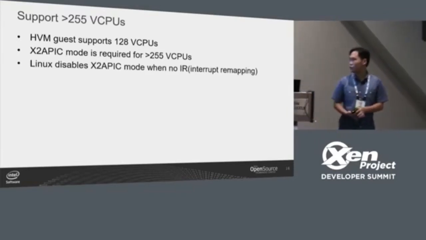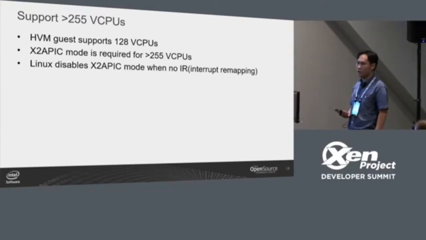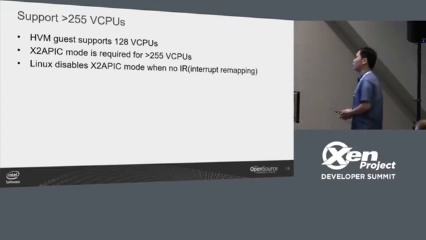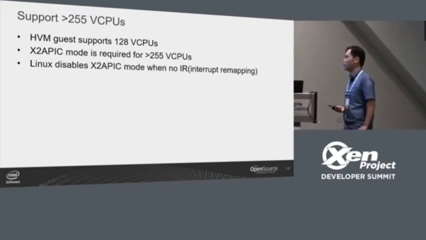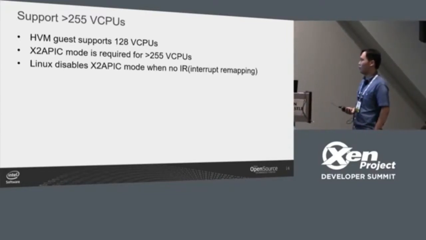But in the Linux kernel, it disables the x2APIC mode when there is no IRQ remapping function. The reason is that the IRQ cannot be delivered to a CPU whose index is more than 255. So if we want to enable more than 255 CPUs, we need to enable the IRQ remapping function.